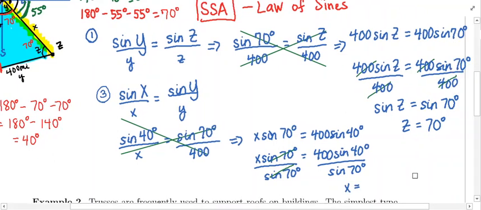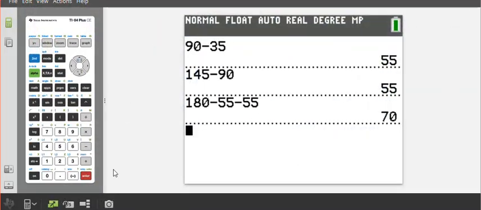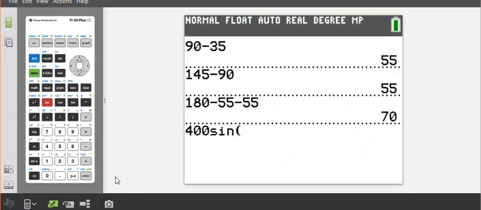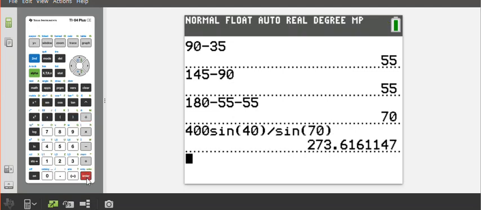I'm going to go to my calculator. I'm going to put in 400 times the sine of 40 degrees, and I need to divide that by the sine of 70 degrees. And there you go. This is going to be the length of side X.